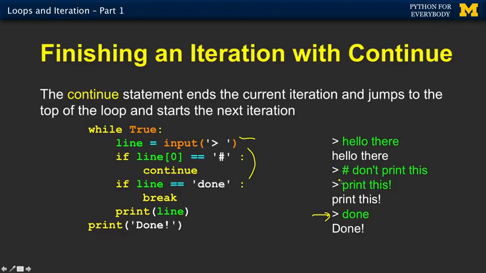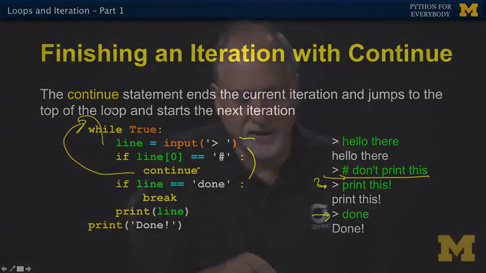If we find a line like this one that has a pound sign as the first character, we skip back to the beginning of the loop. We go back down and we do another input. So we don't print that line, it skips that. So it's like skipping to the top of the loop, not skipping out of the loop. Break skips out of the loop, and continue skips to the top of the loop.